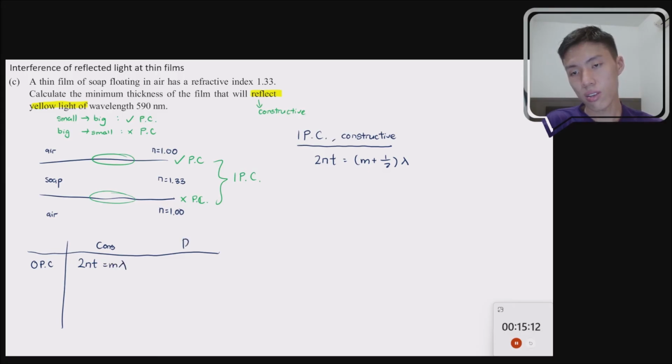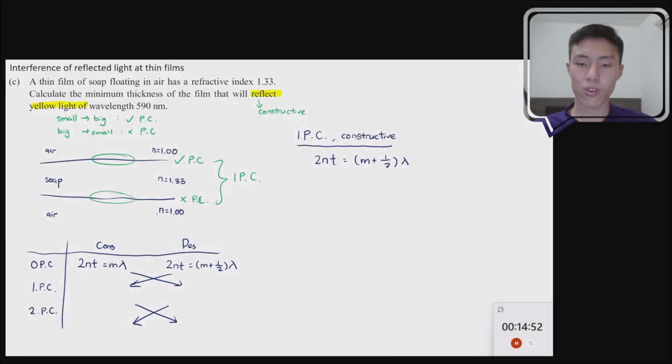If it's destructive interference, your equation will be 2nt equals (m plus half) lambda. But this is if you have no phase change at all. If you have one phase change, you need to cross the equation. And if you have two phase change, you need to cross the equation once again. So for here, you are doing one phase change constructive, so it comes from this equation being crossed to the left hand side. So this is the equation.